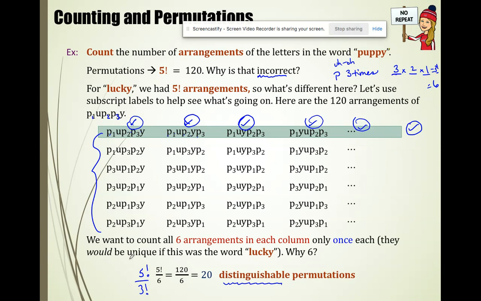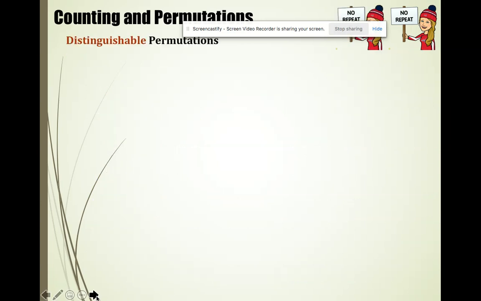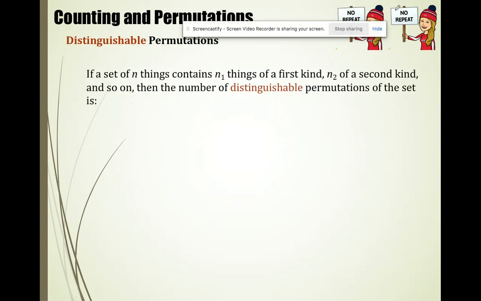Because of the repeated letter, I had one repeated letter, repeated 3 times, 6 different ways that can be organized. So distinguishable permutation has a repeat, right? I already know by permutations, I don't want to repeat arrangements, but be careful about your repeated letters. So that's what this formula is.